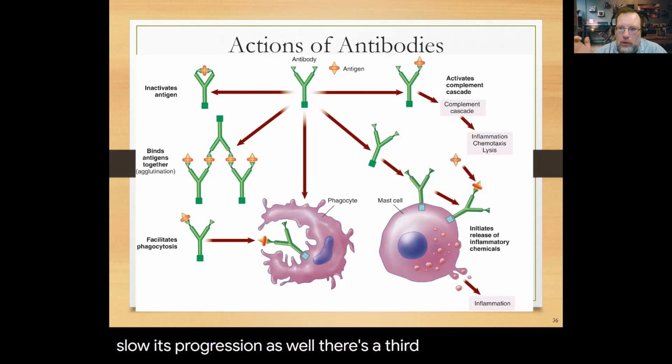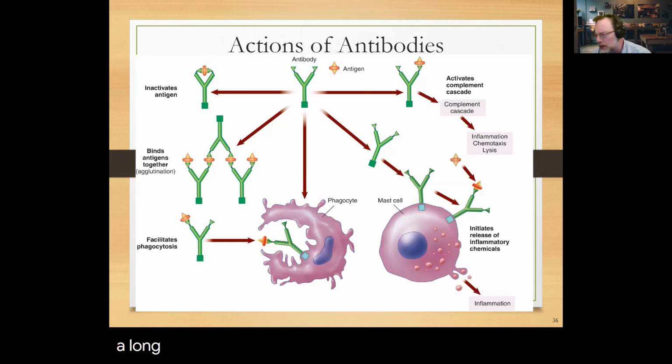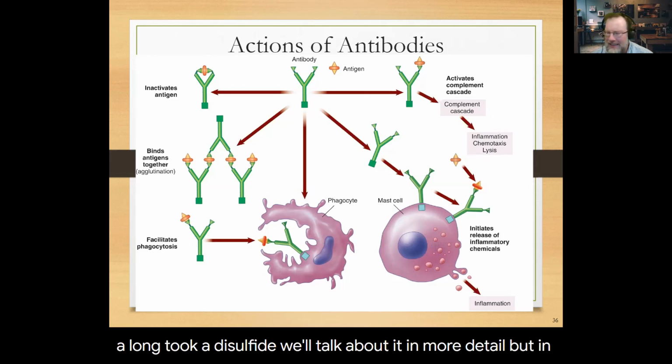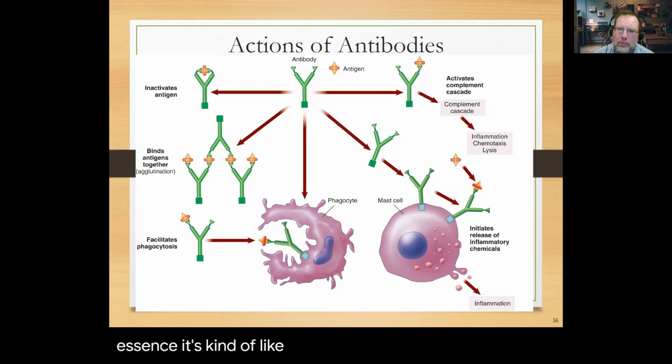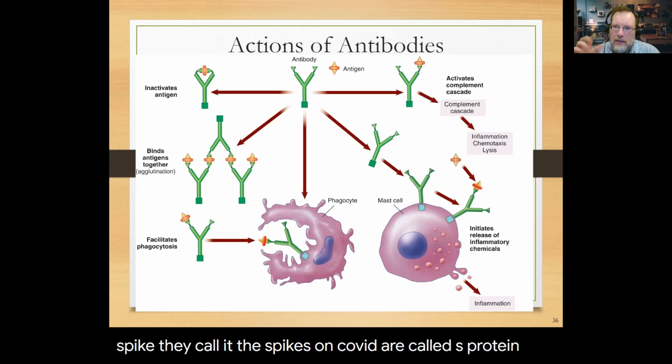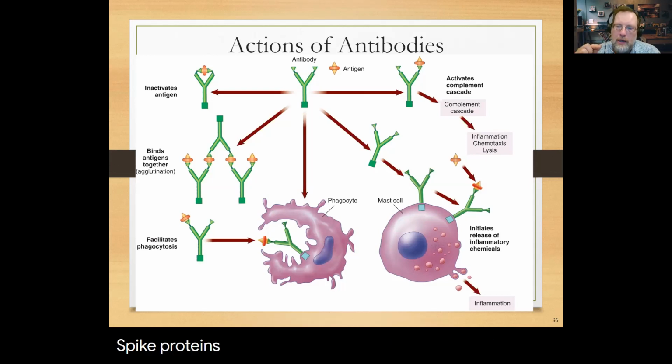There's a third player. We'll talk about it in more detail, but in essence, it's kind of like a primer that buffs the spike. The spikes on COVID are called S proteins, spike proteins. So they're the markers, they're the antigens.